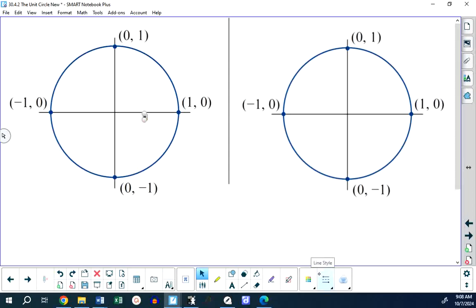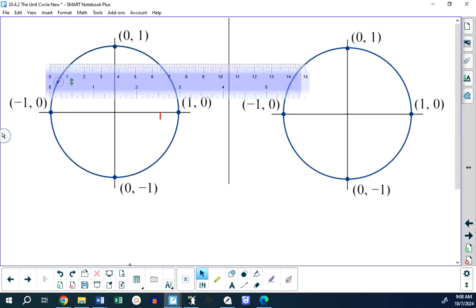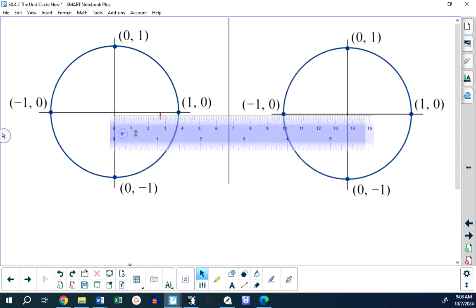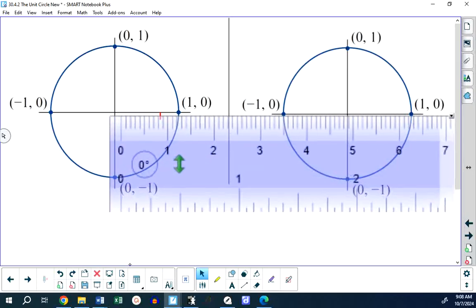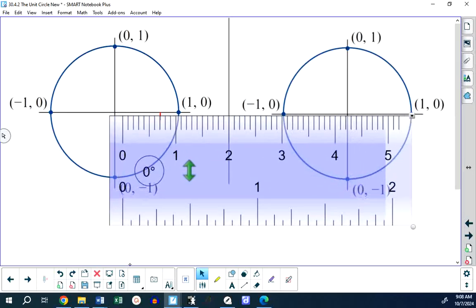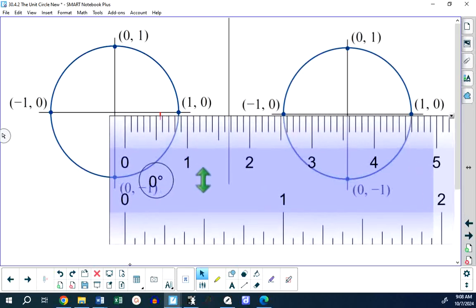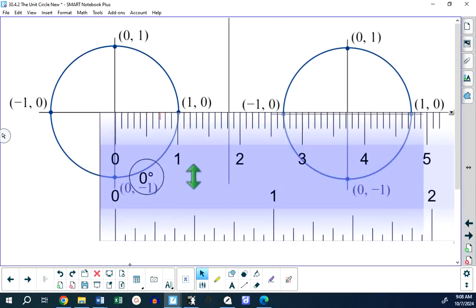I'll just move it. Is probably about there. Would you agree? I'll put a ruler down here just so we can see. So that's 1.